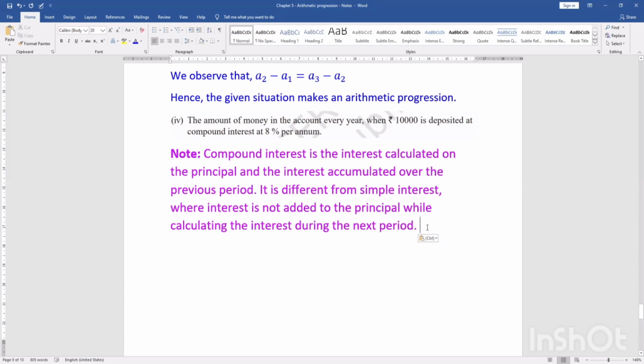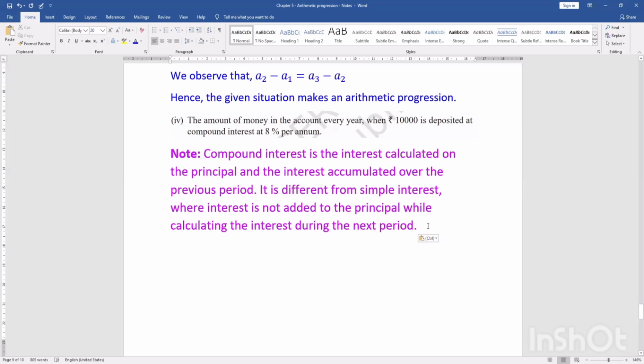Now here, you know simple interest. The simple interest formula is PTR by 100, right? Principal into time into rate of interest by 100. Whatever interest you obtain from simple interest will be added to the principal for the next year, and for that you calculate the interest.